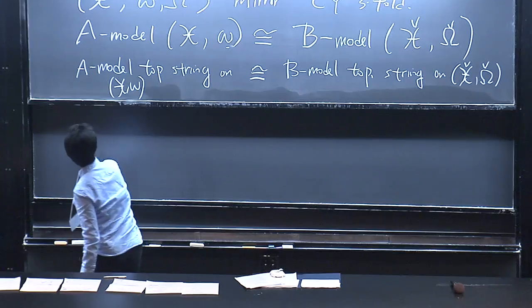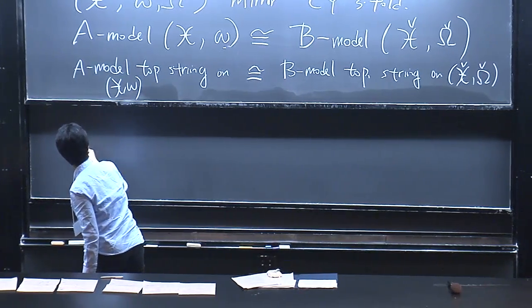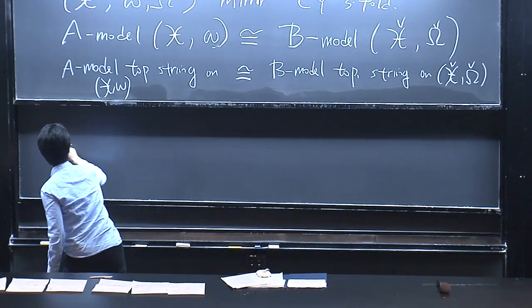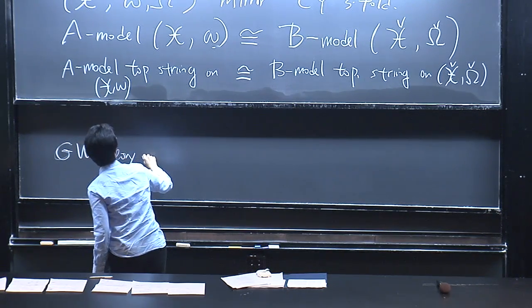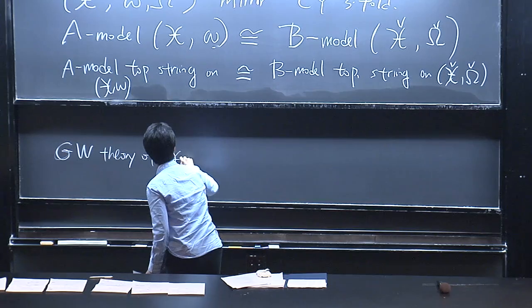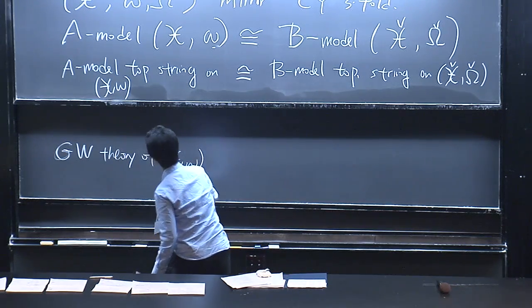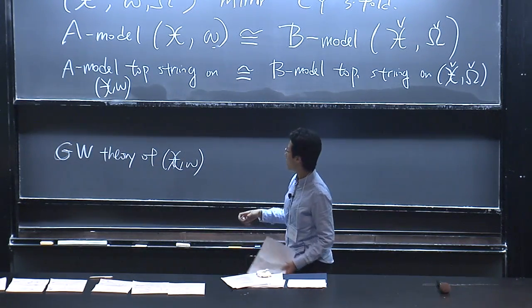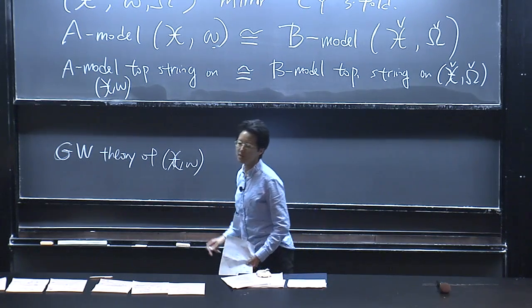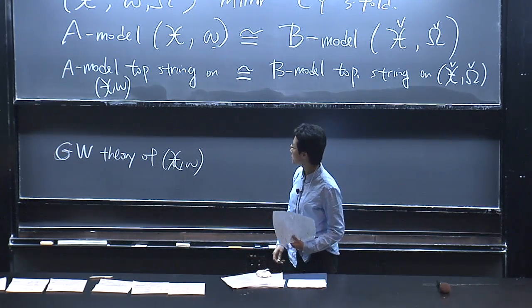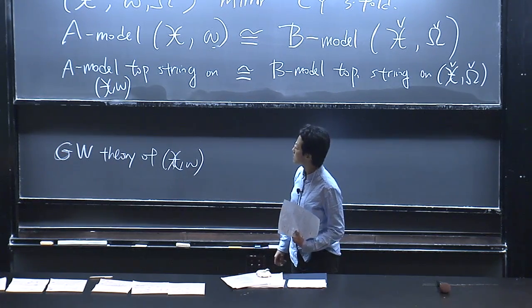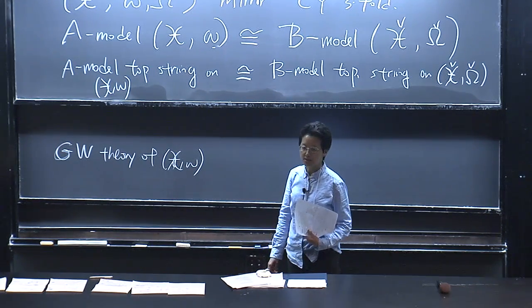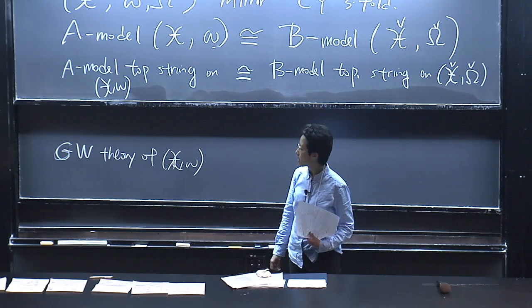Mathematically, these are the Gromov-Witten theory of (X, omega). Gromov-Witten theory is a theory of enumeration of curves, and it can be defined for compact Kähler manifolds, not necessarily Calabi-Yau, not necessarily three-dimensional.